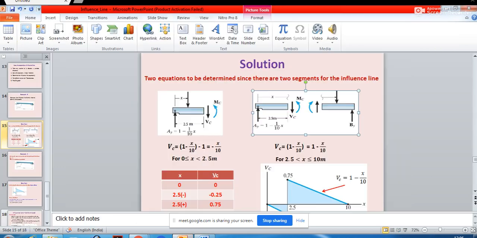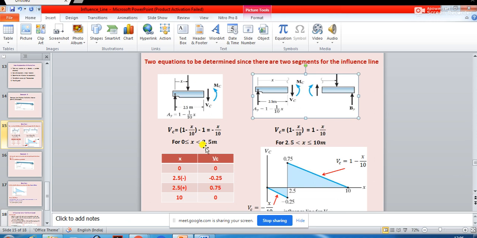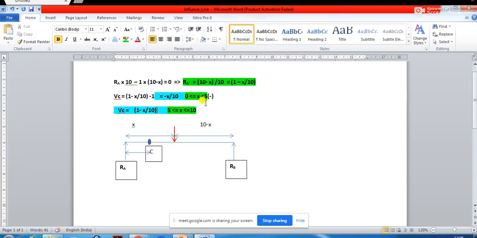So again, for the influence line diagram for shear force at C, you are going to get two separate equations. Sorry, I think here we will have to change this. It will be 2.5. No one was telling me, okay?